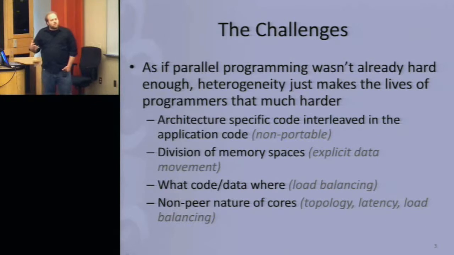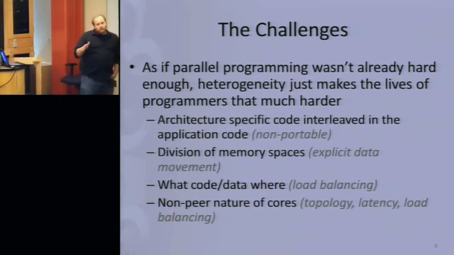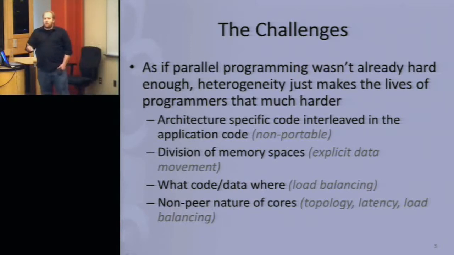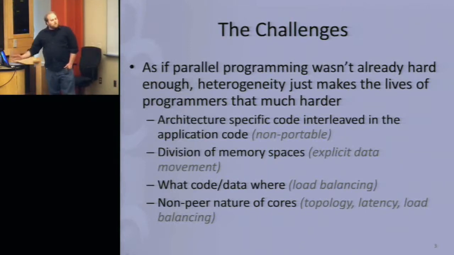There are also other things that the programmer has to accommodate, for example, the division of address spaces, which is not so much the case anymore with some of the more modern GPUs, but in some cases you still need to do this. So the programmer has to include explicit data movement in their application that they otherwise would not need when running on host cores. There are a lot of other questions too. How do you divide the work up between the various cores, host versus accelerator?